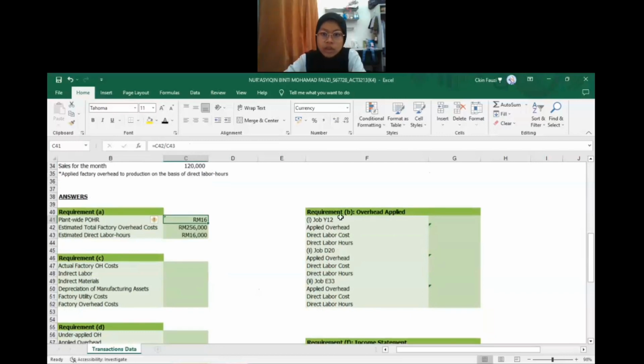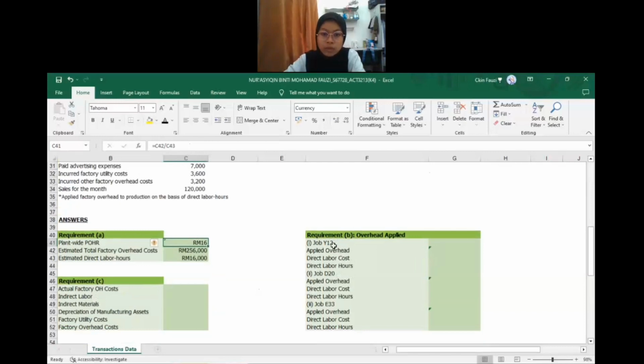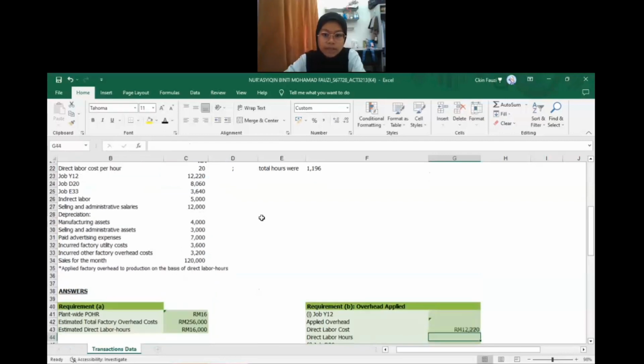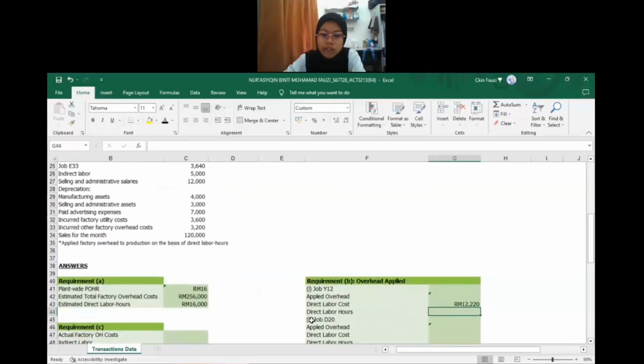Question B, requirement for overhead applied for each job given. Three jobs given: job Y12, job D20 and job E33. So to find applied overhead for job Y12, I will take the direct labor cost given in the question, 12,220, and find the direct labor hours for job Y12.